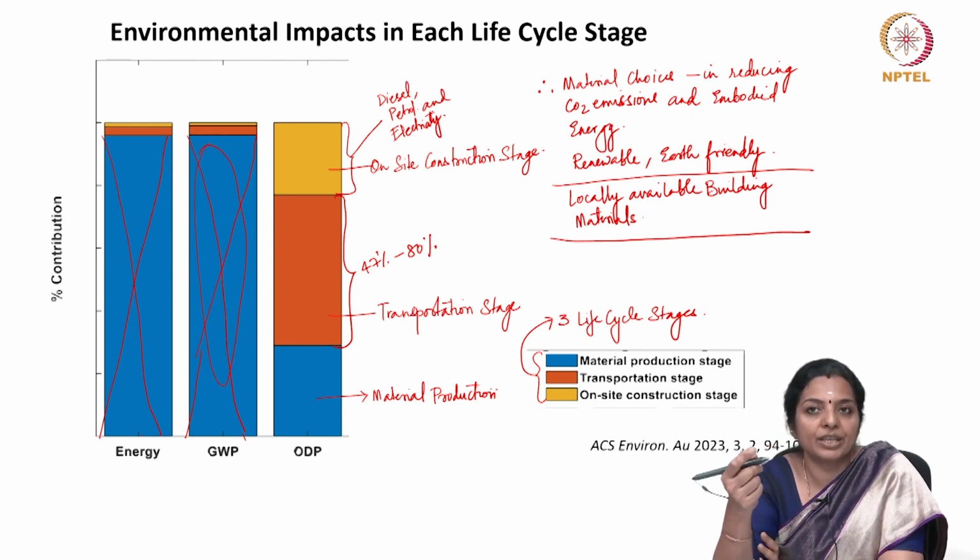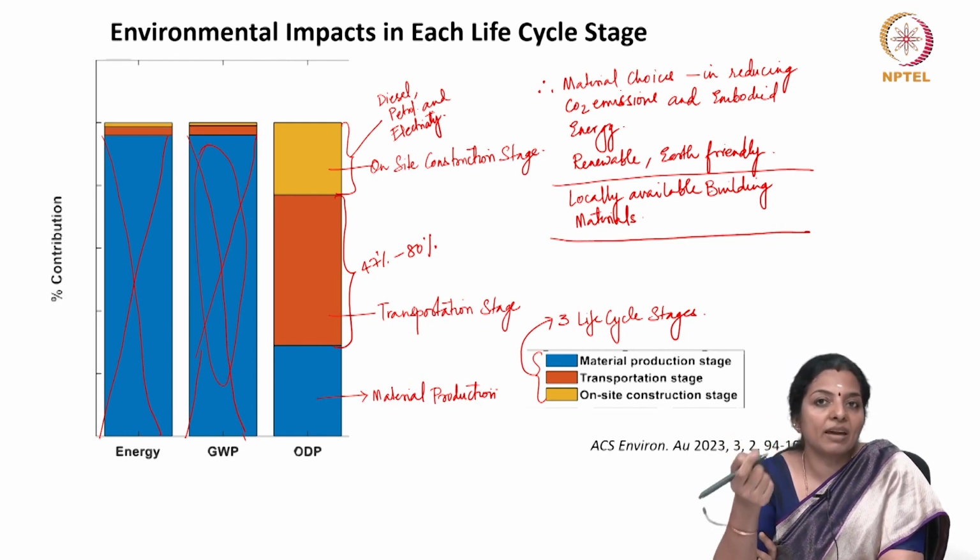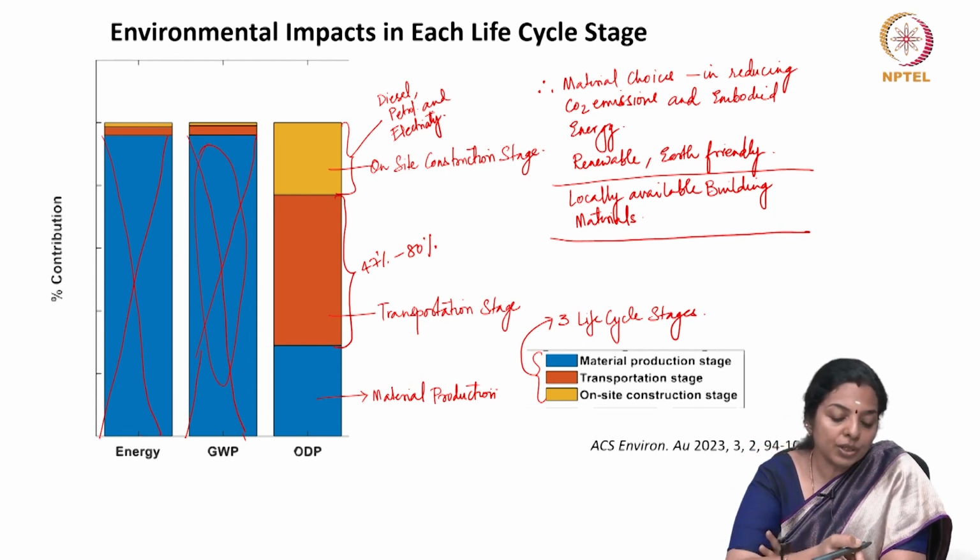You do excavation, you do watering, for which you use diesel pumps. Generators are used. For paving, we need machinery, tipping and other on-site operations, because of which the contribution due to the diesel, petrol and electricity increases on-site construction stage emissions, especially in the ozone depletion factor.